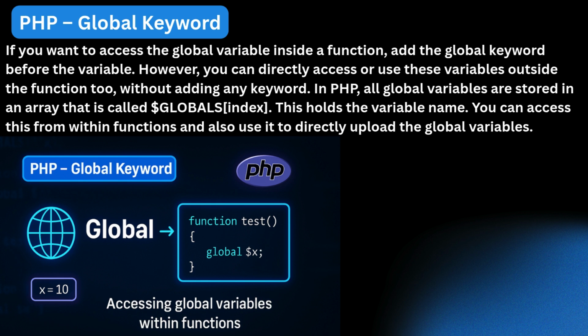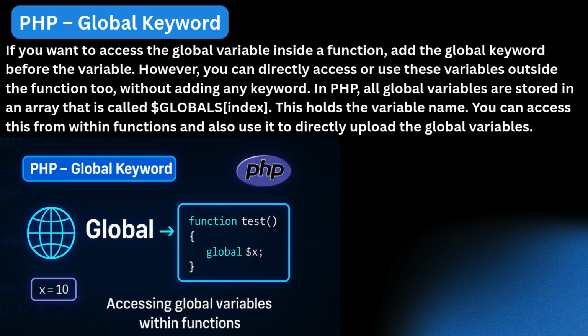If you want to use a global variable inside a function, you simply add the global keyword before the variable name inside that function. For example, imagine you have a variable $x = 10 declared outside the function. Normally, if you try to use $x inside a function, PHP won't recognize it because the function can't see variables outside its own scope.